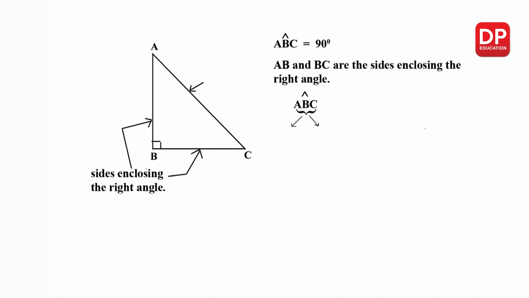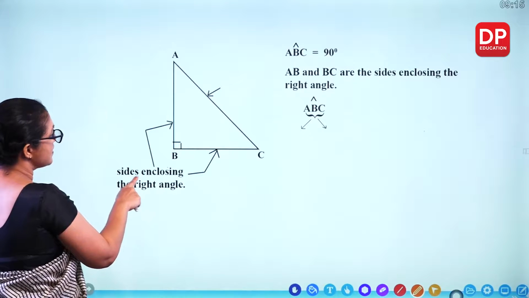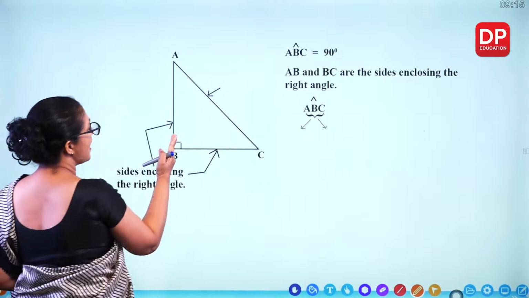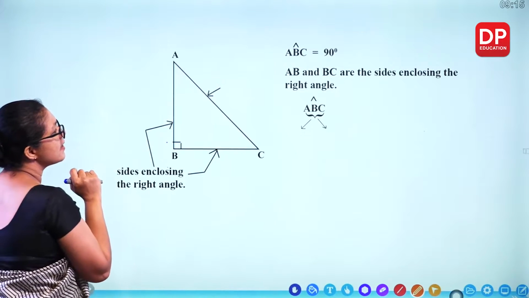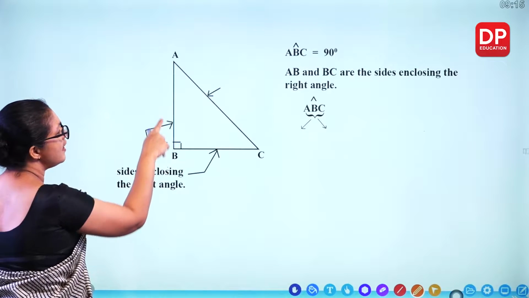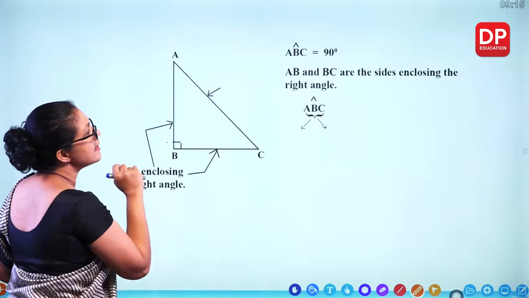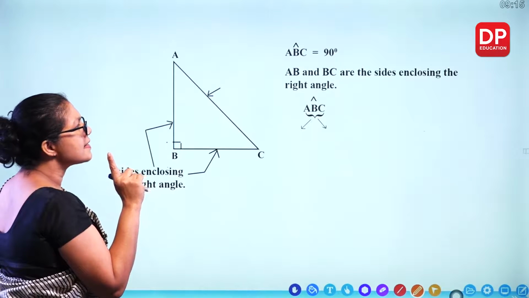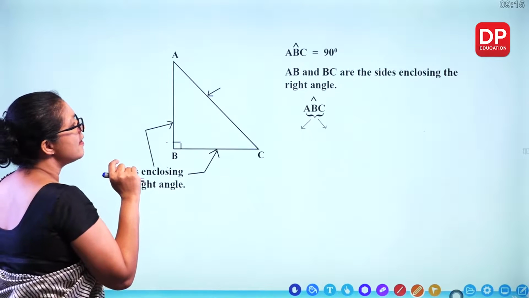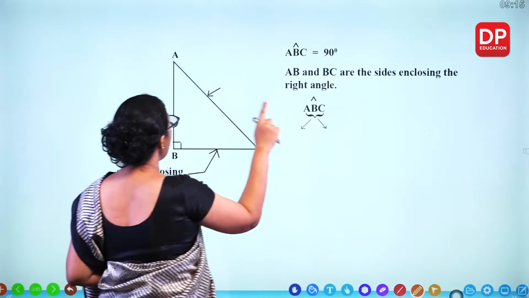Look at this triangle. B is 90 degrees and these are the sides enclosing the right angle. So these are the two sides enclosing this angle. So this is the included angle to these sides. B angle is 90. So AB, BC are the sides enclosing the right angle. So how do we take those two lines?